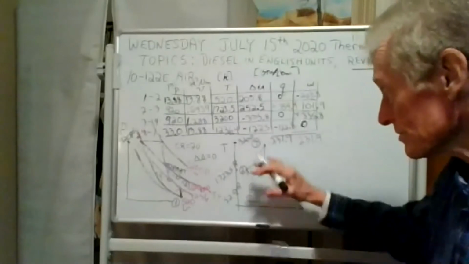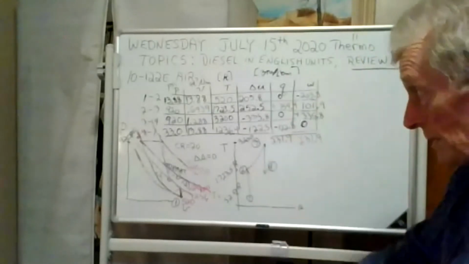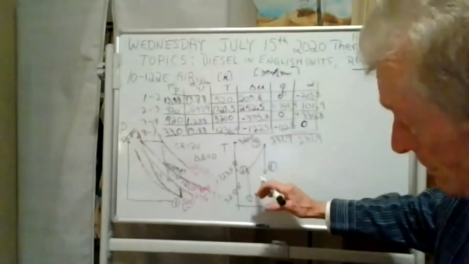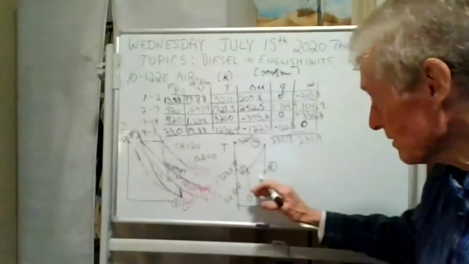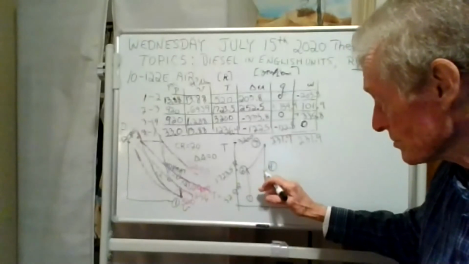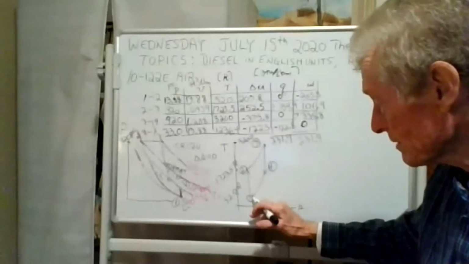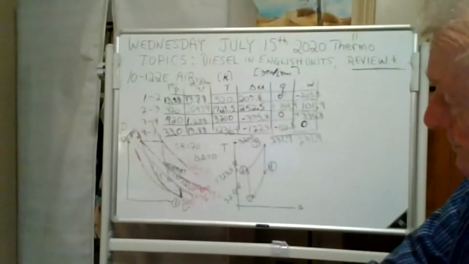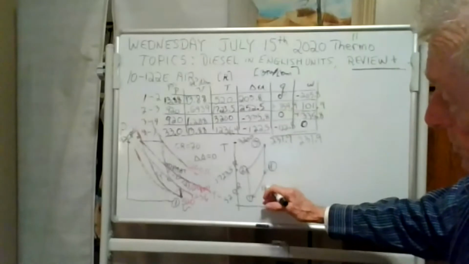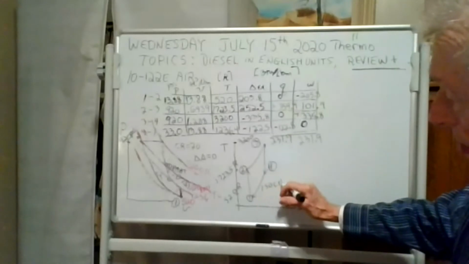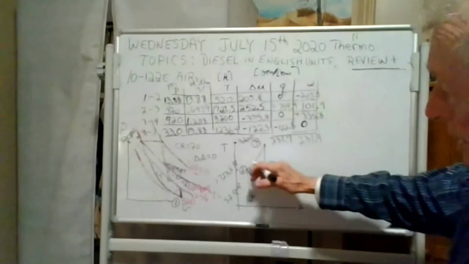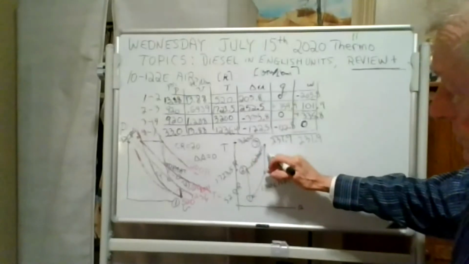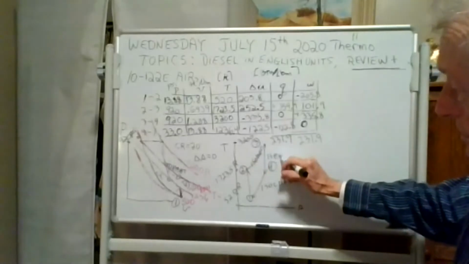Yeah, 3 to 4 is straight down because it's an isentrope. And 4 to 1 is an isochore, and they're steeper. There's your isochore from 4 to 1. Kind of looks like that. See, this one's an isochore, and they are steeper than isobars. This one's an isobar. These two are isentropes.